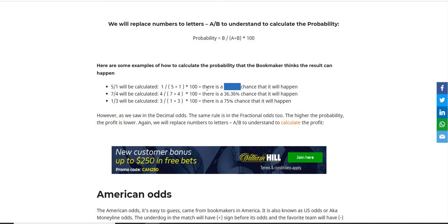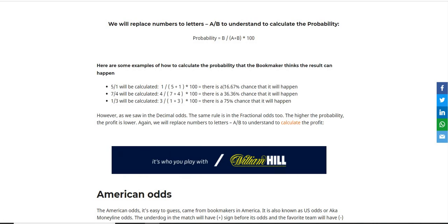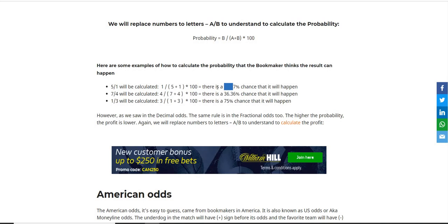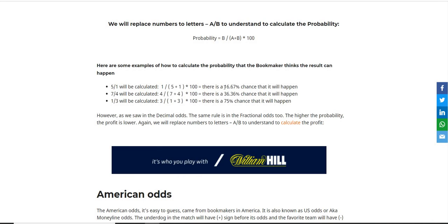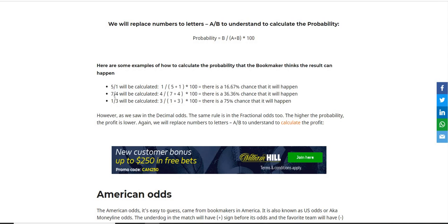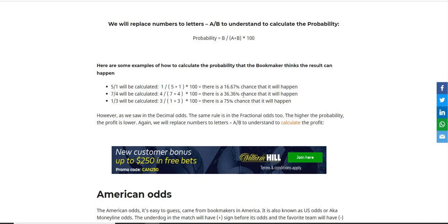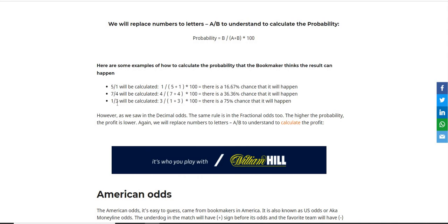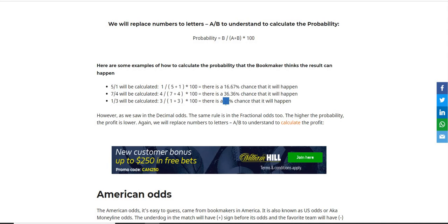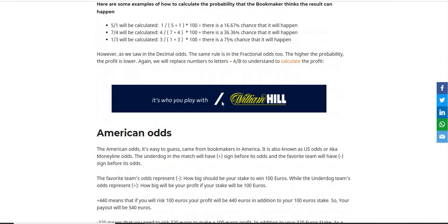It means that the bookmaker believes that this bet can happen with 16.67%. And for 7-4, if you check it, it's a 36.36% probability to happen. And for 1-3, it's 75%, they believe there's a 75% chance that it's going to happen.